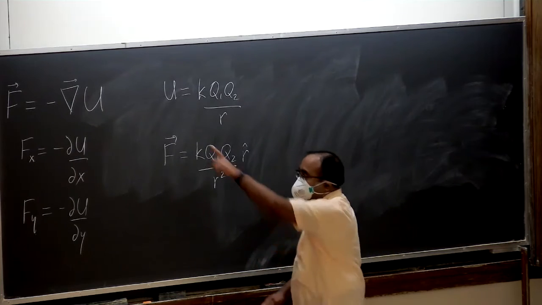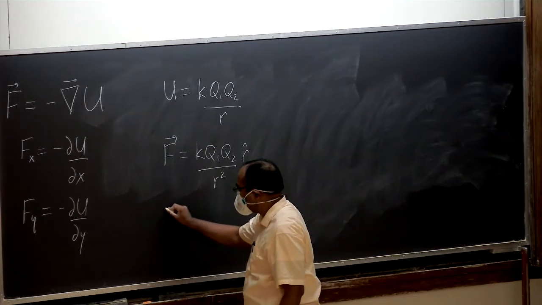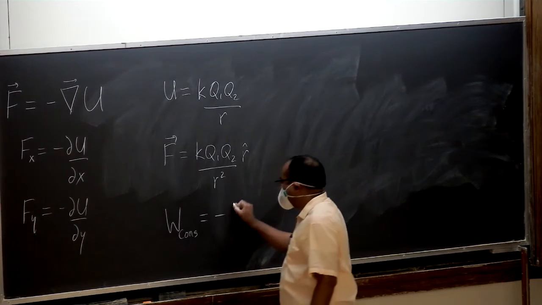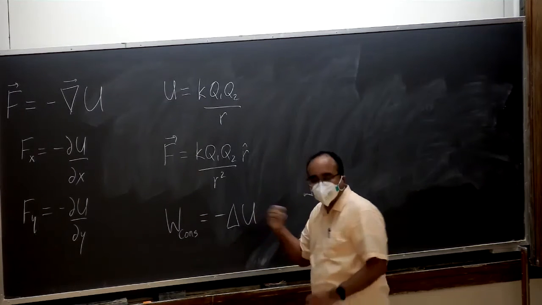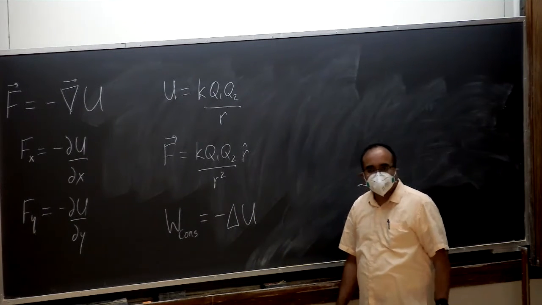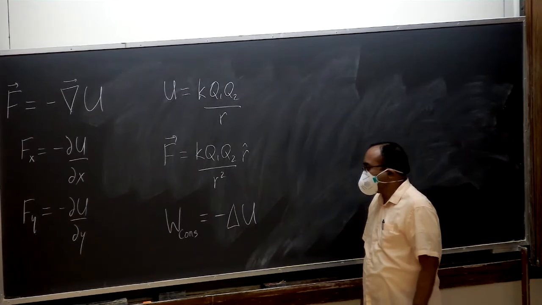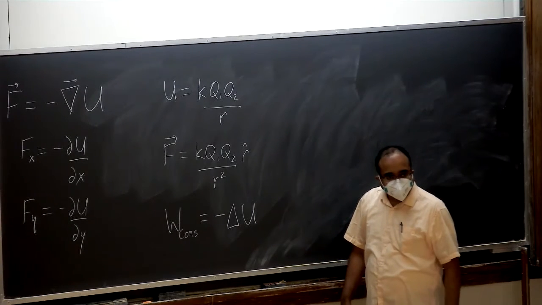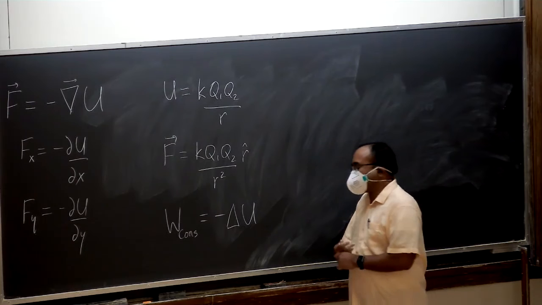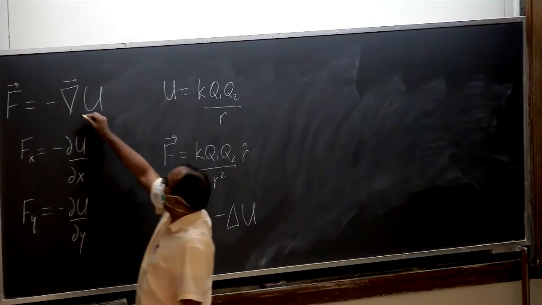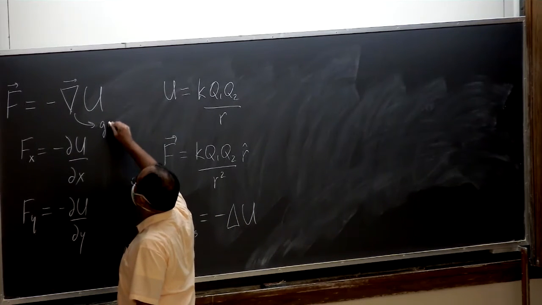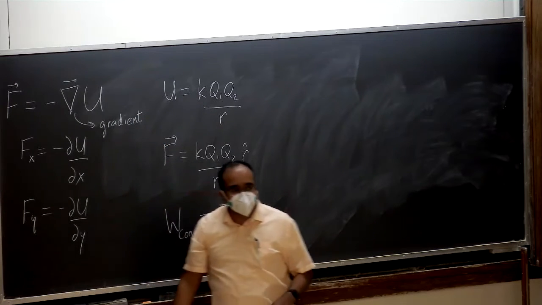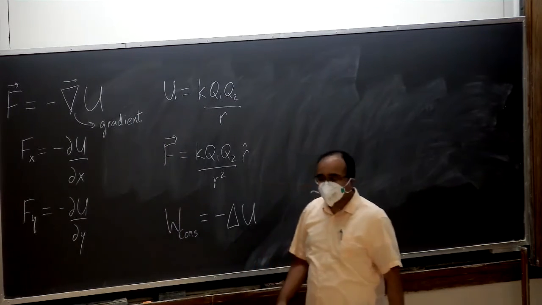Oh yes, the other thing we learned was that the work done by a conservative force is negative delta U. That also still holds even in this case. It will be useful when we look at work done by electric fields. Yes, what is the upside down delta? It's called the gradient. If you go into multivariable, you'll see a bit more.